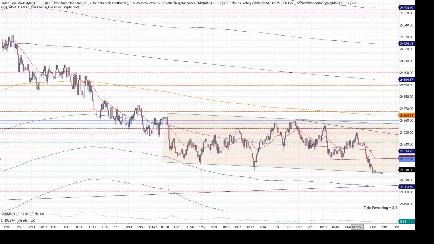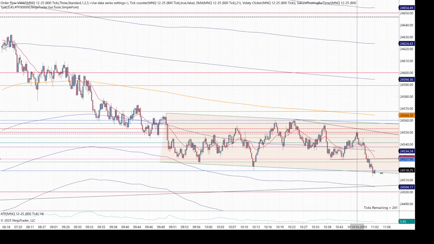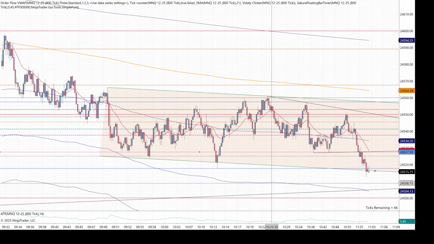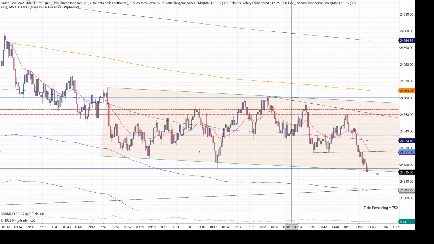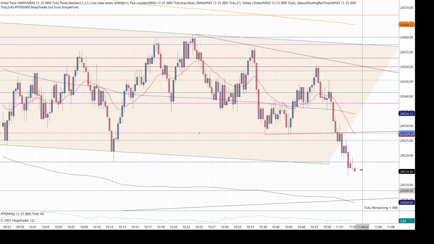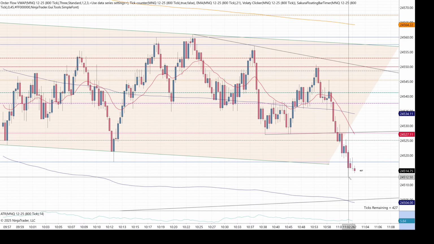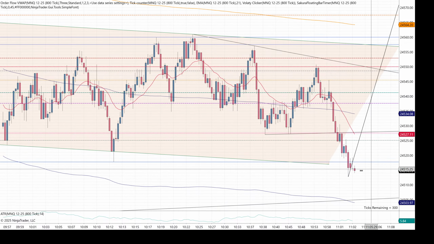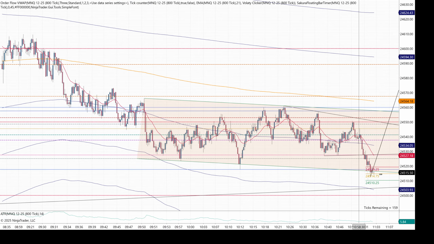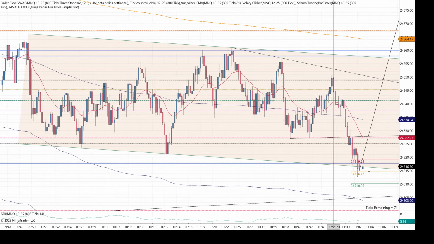Well, we're at the bottom of where I have this channel marked, so I don't know if we'll see a bounce here or not. Using the old system, this would be the trigger to go lower here, but we're at the bottom of the range, so don't know if I really want to do that.